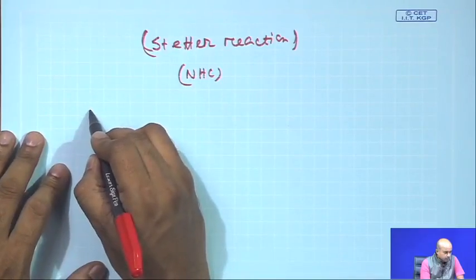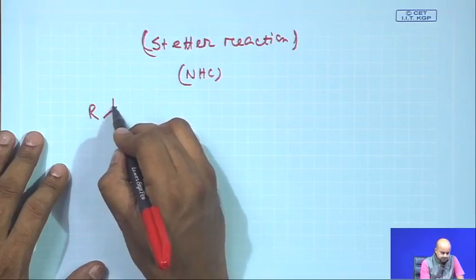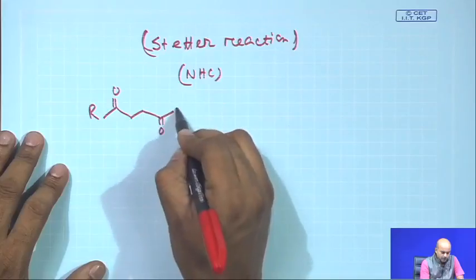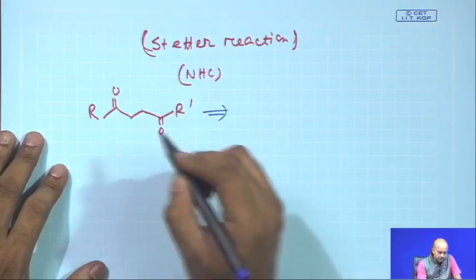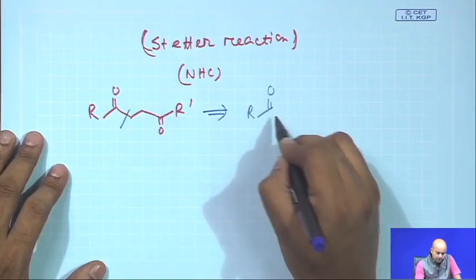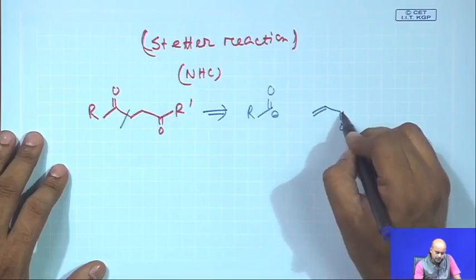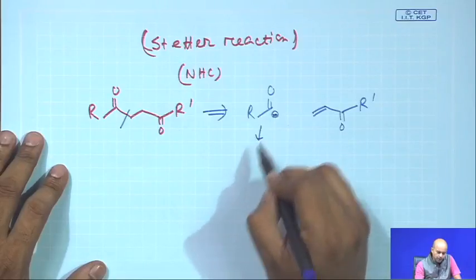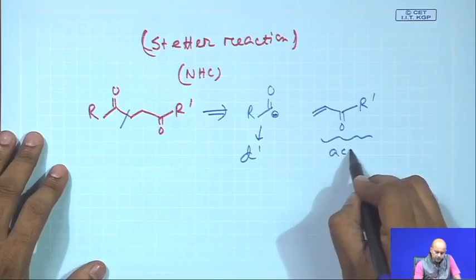If you now try to do a simple disconnection of a molecule like this 1,4-dicarbonyl compound, you can easily do the disconnection, followed by this. You can say that this is your donor, this is your acceptor. So, basically a Michael type of reaction, but where you use an Umpolung nucleophile through a donor species, and this is your acceptor synthon.